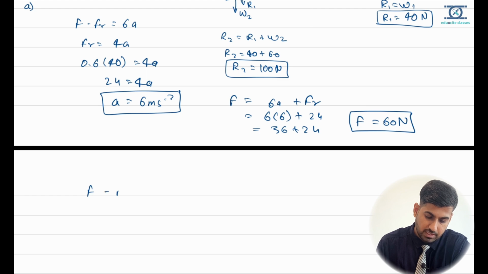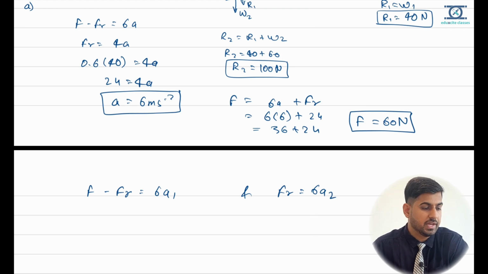So F minus friction for this will be 6A1, and the other equation will be friction is equals to 6A2, right? So friction for this, how much?